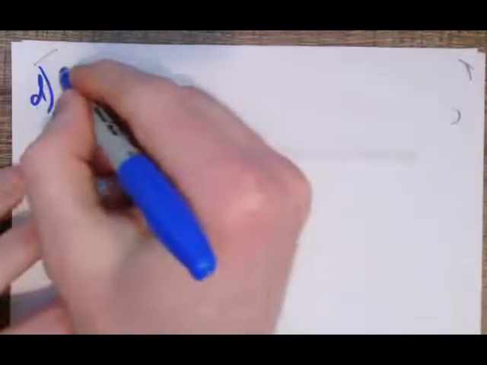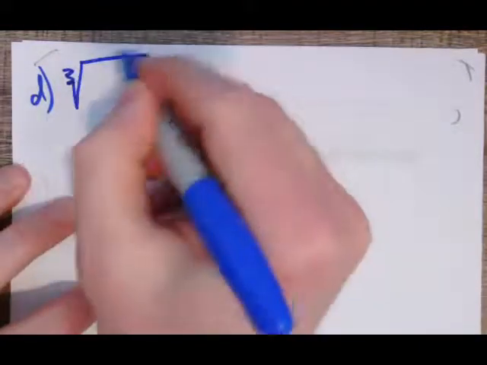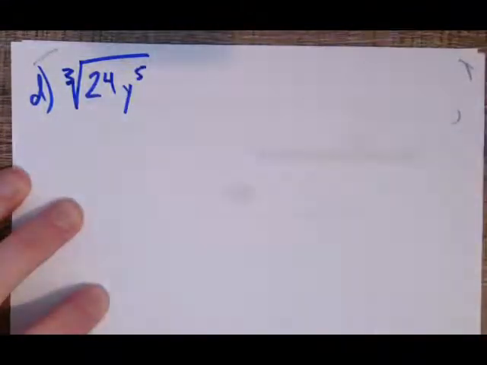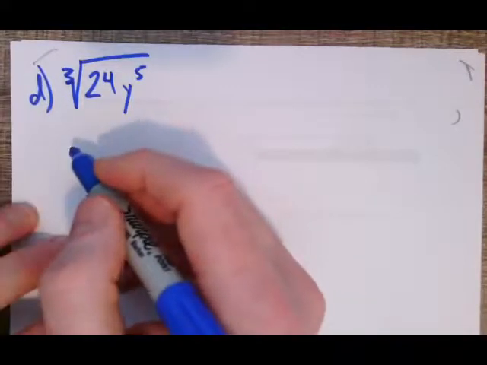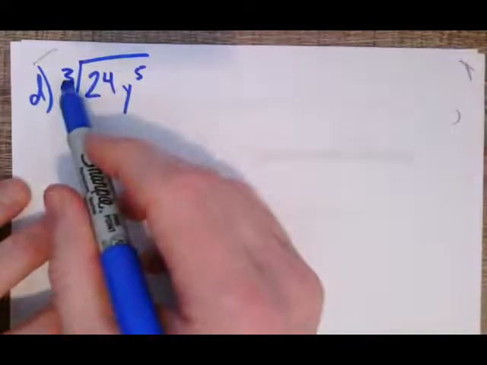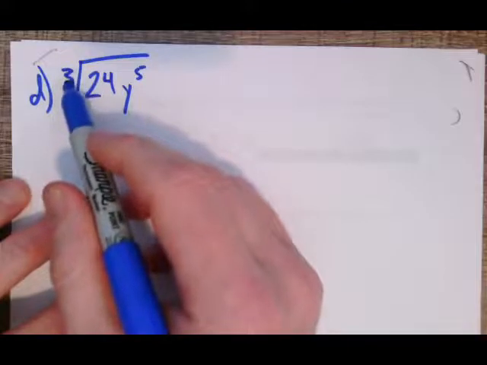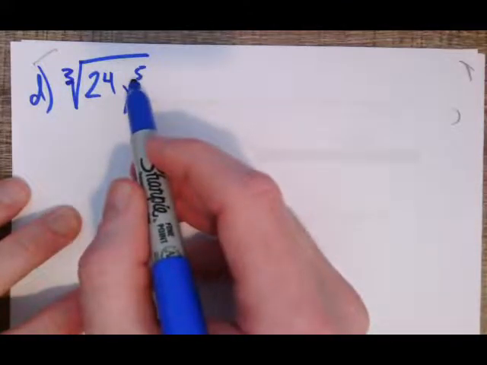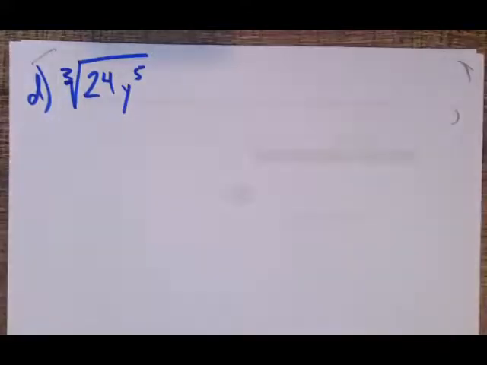D. Cube root of 24y to the 5. So we have that cube root, odd, which means this can be negative.